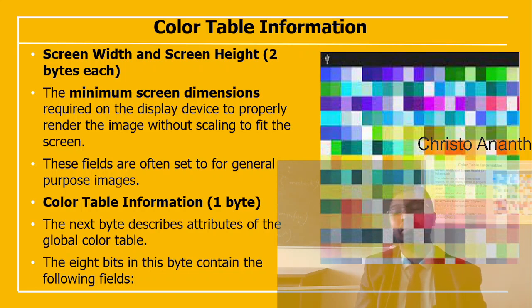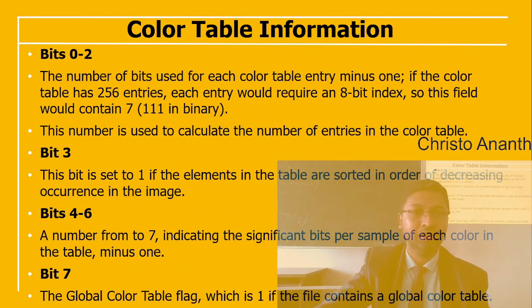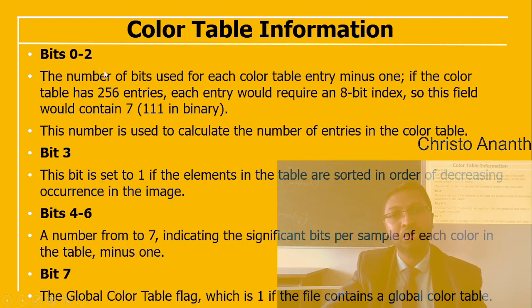Then you'll have color table information. It is 1 byte. So the next byte is going to describe the attributes of the global color table, and here the 8 bits will be as per the following fields. For example, bits 0 to 2 give the number of bits used for each color table entry minus 1.